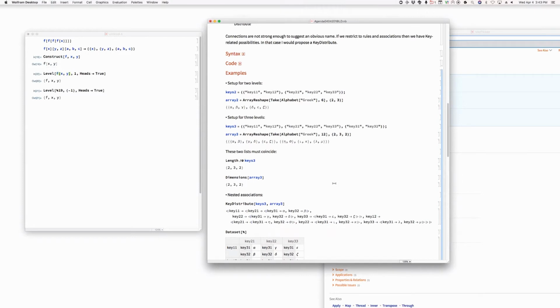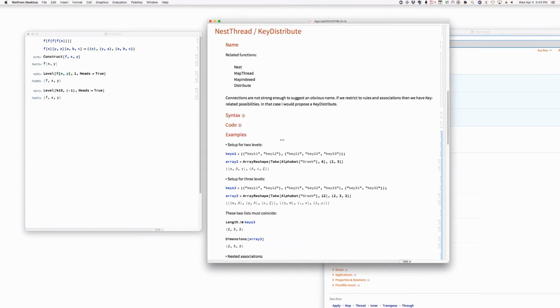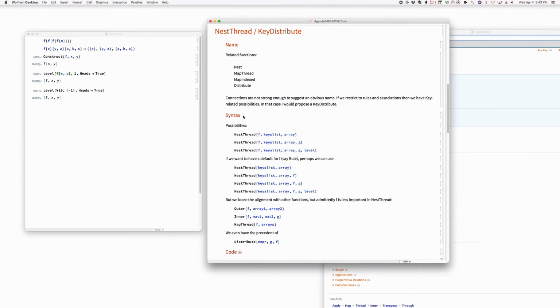So this has gone through multiple names. Exactly, yes. And I think the main thing here is that it depends where we want to use it. If this is only going to be related to rules and association, then probably we need a name which sounds very key association-like. And if it's generalized, as I did there, to a more powerful function that is able to work in other contexts, then I suggest some other name like this NestThread, which I'm not very happy with.